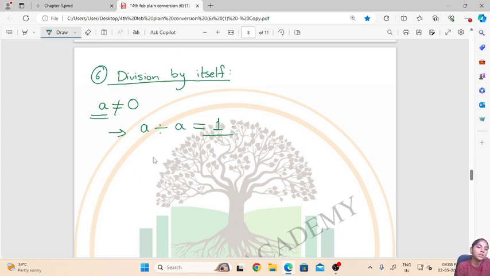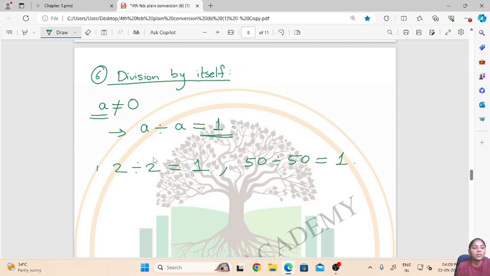In other words, if A is a non-zero integer, A divided by A will always be 1. Let us take some examples. We have 2 divided by 2. This will be 1. Then we have 50 divided by 50. The answer will be 1.